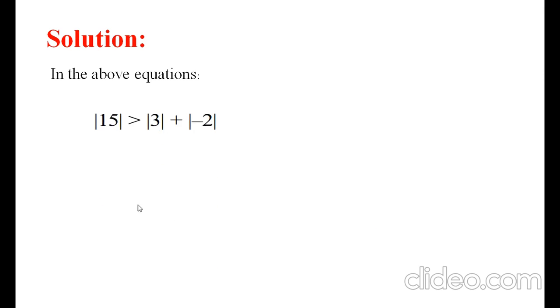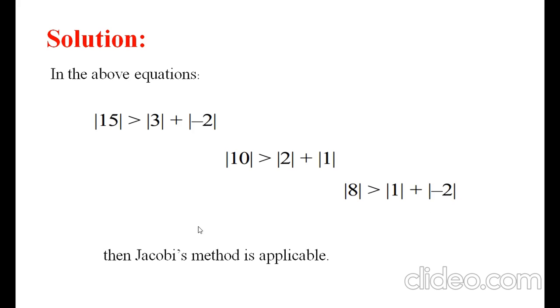In the above, we can check 15 greater than 3 plus the mod value of minus 2, 10 greater than 2 plus 1, and 8 greater than 1 plus the mod value of minus 2. So that's why we can use the Jacobi iteration method here.